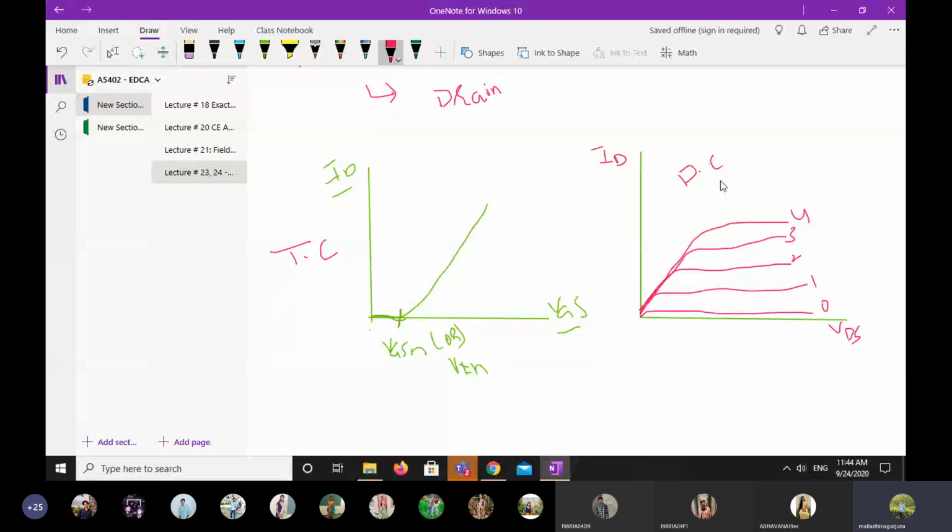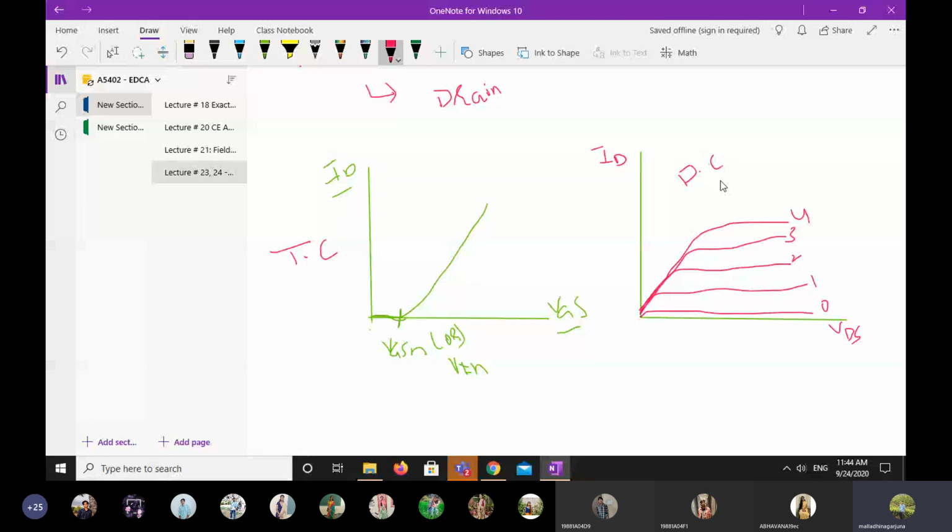Sir, by increasing VGS and increasing VDS, we can get current, no sir? Sorry, come again. Sir, increasing VGS and decreasing VDS, also we get current, no sir? Some disturbance is coming. What are you increasing, what are you decreasing?